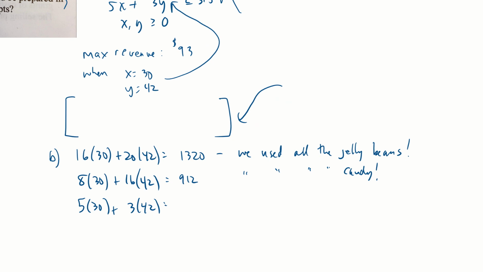And then 5 times 30 plus 3 times 42, 276. We did not use all the gum. Okay, so there you go. So make sure you answer the questions as to what's being asked in context, and you're good. All right, there you go.